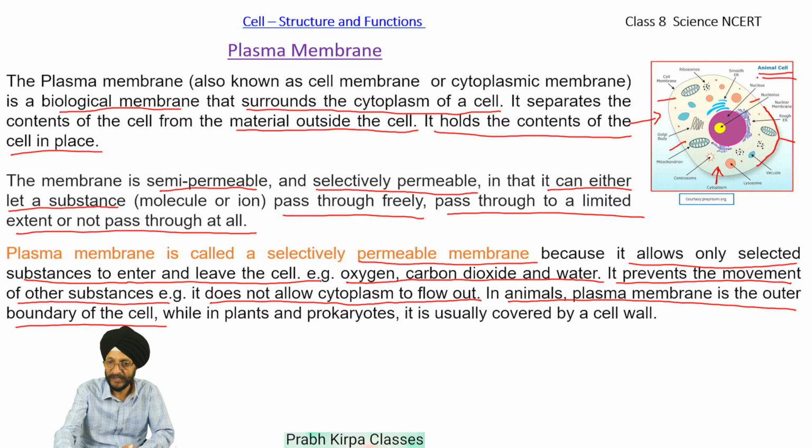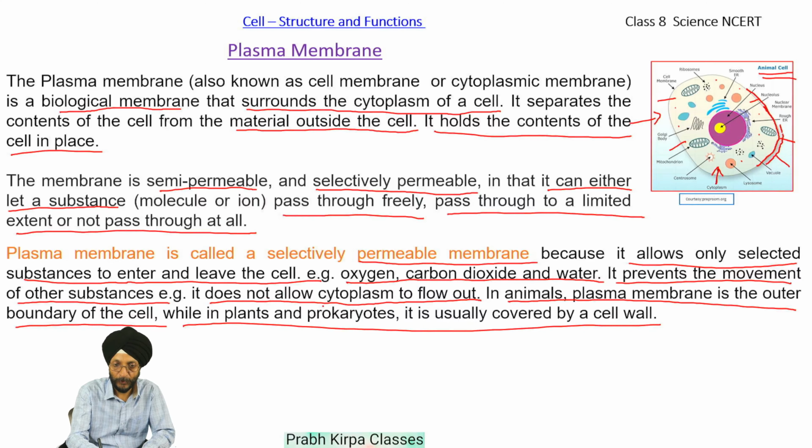As we have already discussed, in animal cells the outer covering is the plasma membrane. But in plant cells, there is an additional covering outside the plasma membrane, called the cell wall. In plants and prokaryotes, the cell is usually covered by a cell wall.